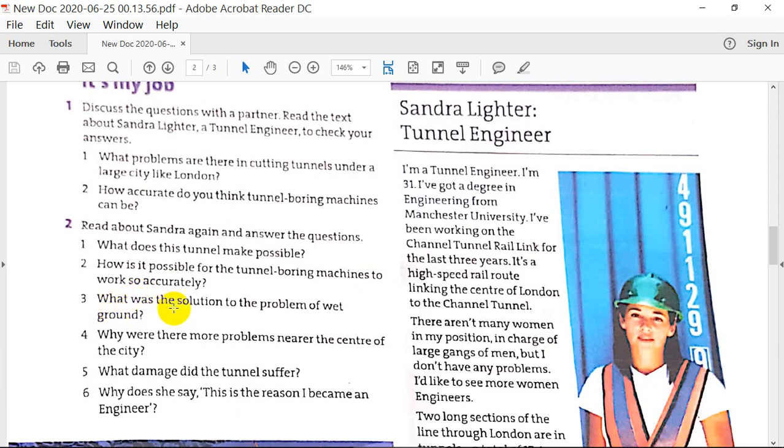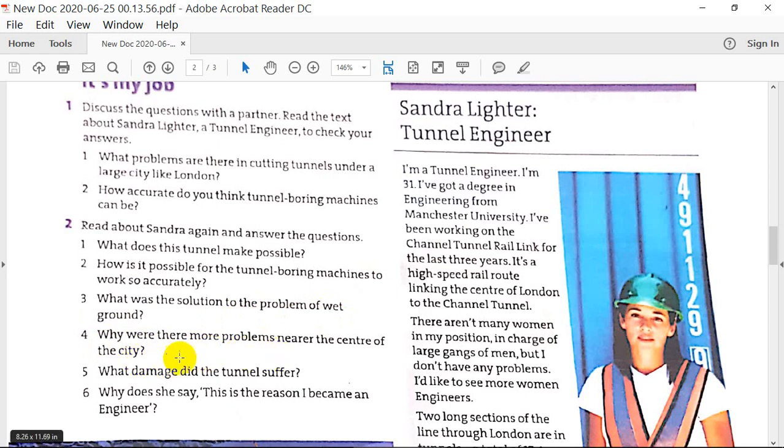What was the solution to the problem of wet ground? What solution did they use to solve the problem of wet ground? Why were there more problems nearer the center of the city?